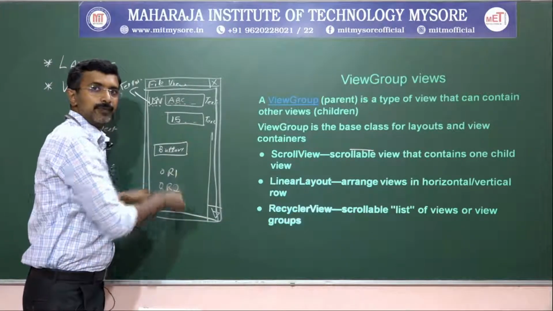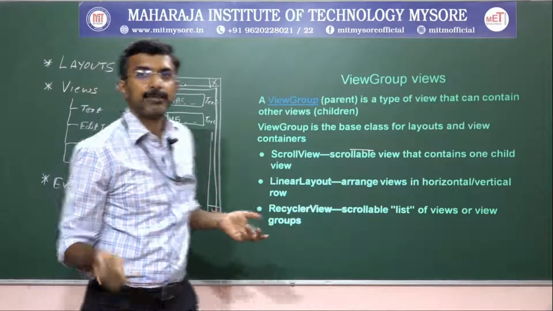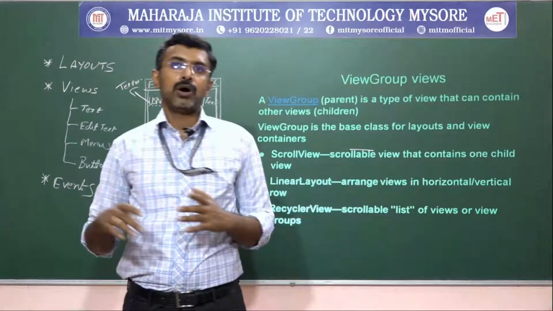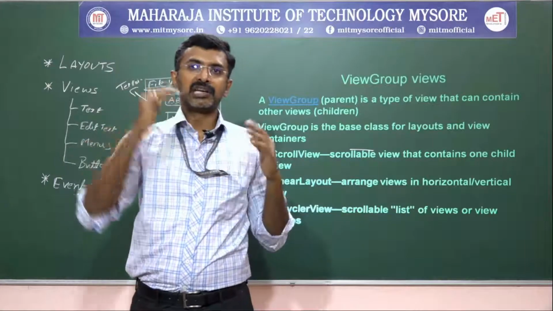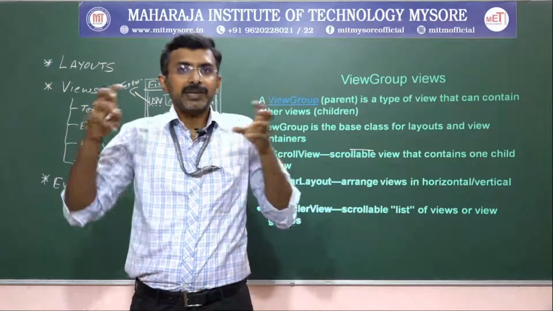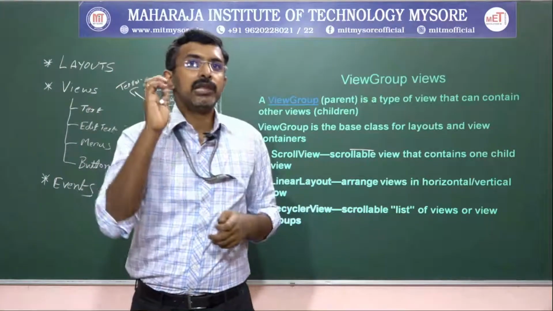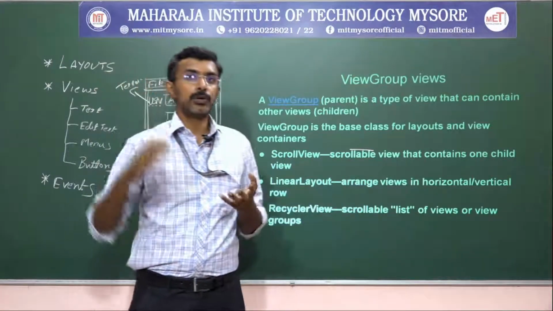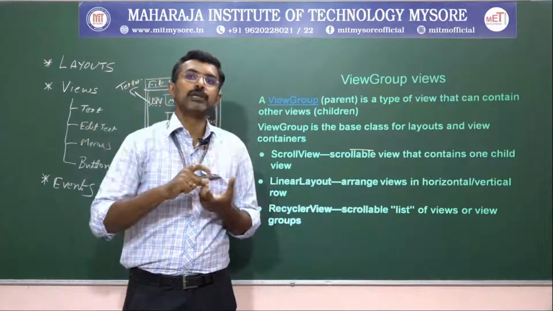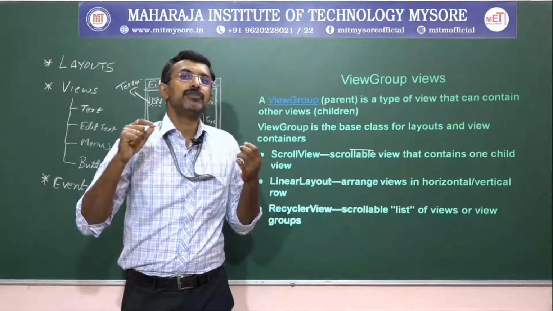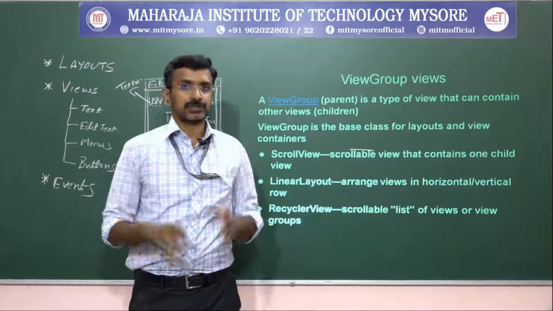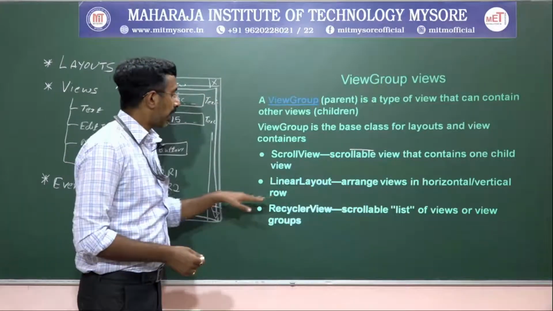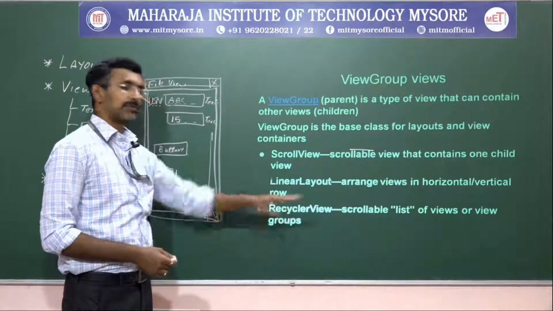This view group can be arranged in a linear manner or a hierarchical manner or a vertical or a grid view, table view. The arrangement is what we call layouts. So how you want to group the views defines the layout structure. There are different ways, a scrolling view, a linear layout, a recycler view.